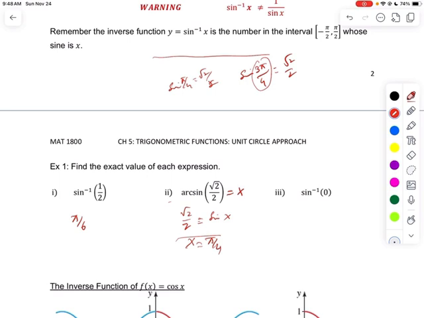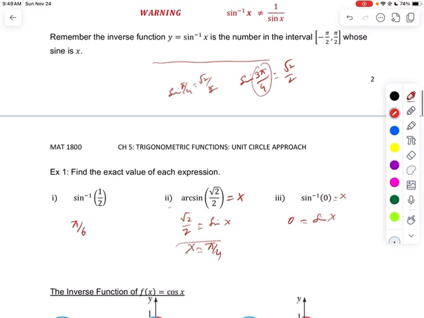So now we are looking for an angle or a number x for which the sine of x is square root 2 over 2. That's why I have mentioned that please memorize that table, because if you know that the sine of pi over 4 is square root of 2 over 2, then as soon as you see this equation, you know that one value of x is pi over 4.